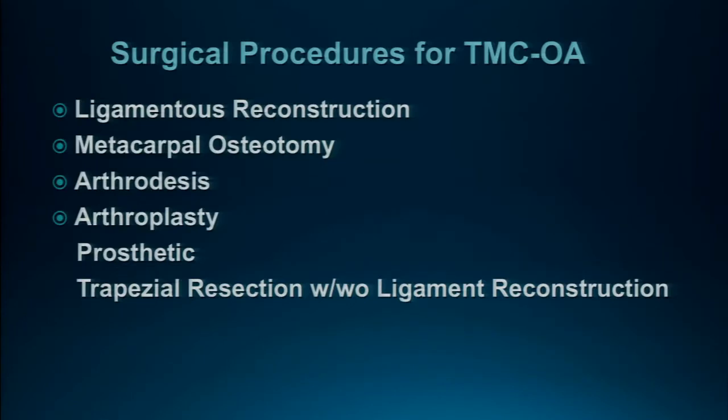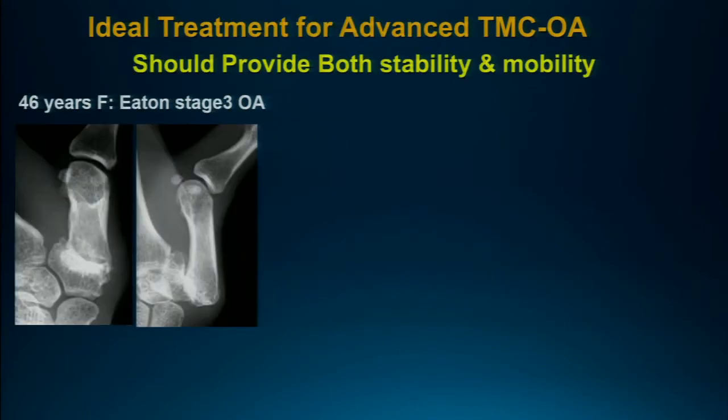There are several surgical procedures for the CMC-OA, many kinds of arthroplasty and arthrodesis-based treatment. But I'd like to emphasize that the ideal treatment for advanced TMC-OA should provide both stability and mobility. This is a 46-year-old female, Eaton stage 3 OA, with complete dislocation of the CMC joint, no cartilage, and no movement due to severe pain.